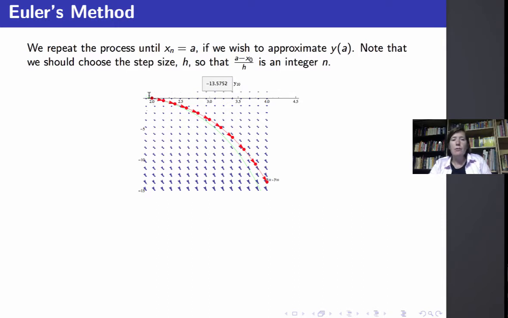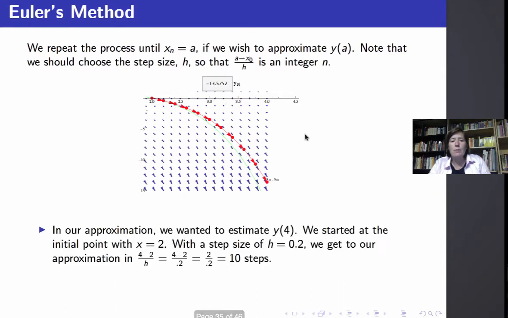And if we want to go from x0 to some point a, and we want to approximate y of a using a step size h, then we have to use (a minus x0) over h steps. So we should use an h so that that's an integer, so that we have an integer number of steps.